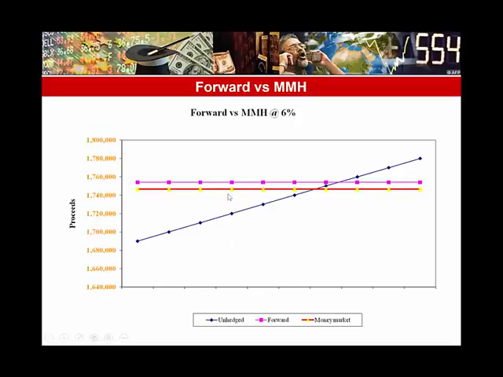So in comparative terms, the forward puts us on this purple line, which is better than the red line that the money market hedge produces. So the money market hedge gives us less than the forward rate offers. Obviously, both of them have better outcomes as compared to doing nothing for a wide range of exchange rates.